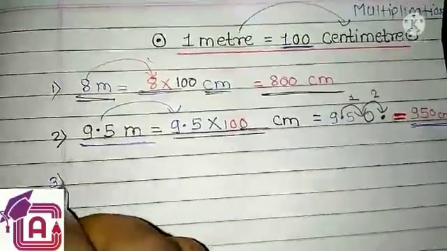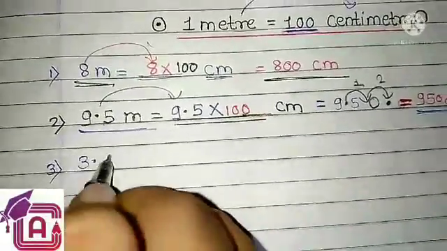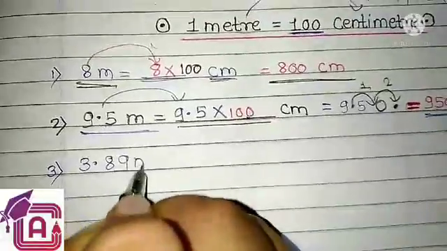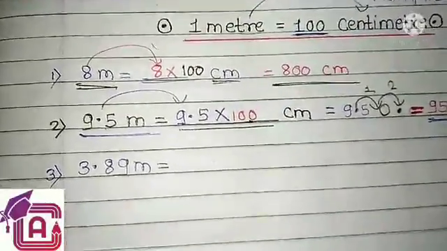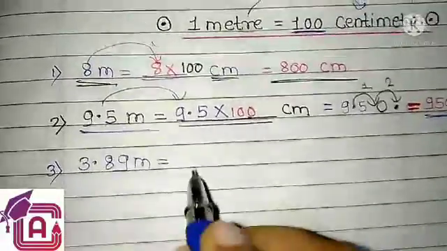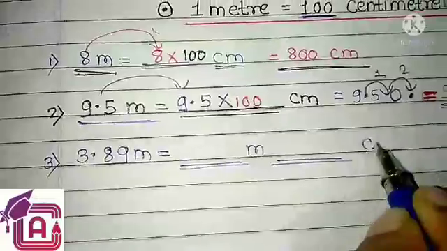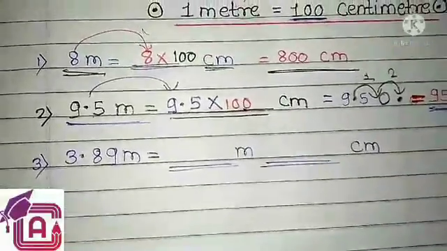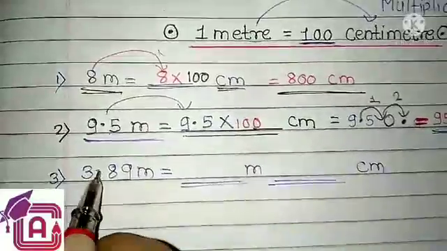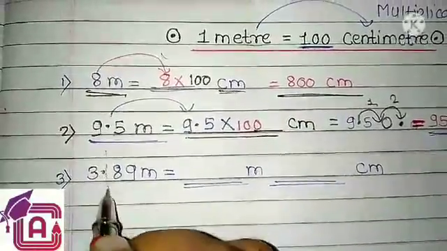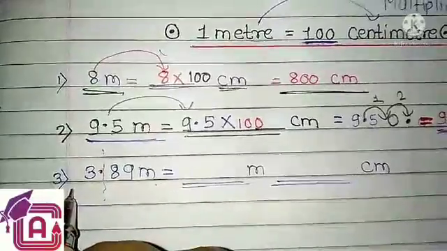Look at the third example. If the distance is given as 3.89 meter, and in that we have to identify how many meter and how many centimeter are present. As seen earlier, what is present on the left side and on the right side, we have to add.